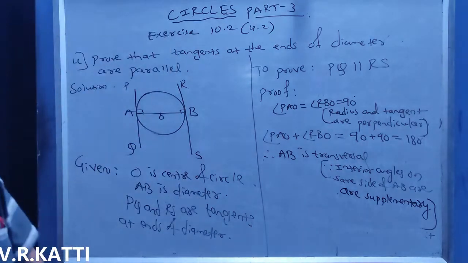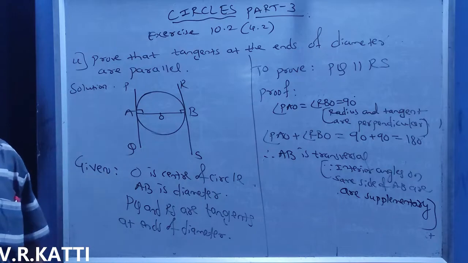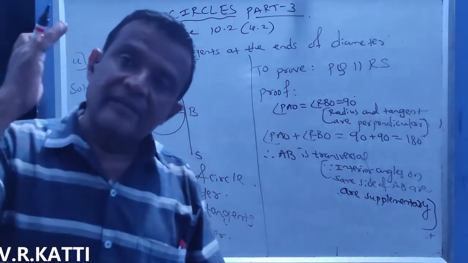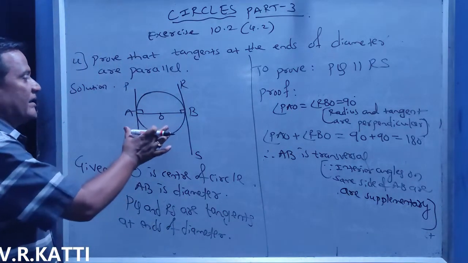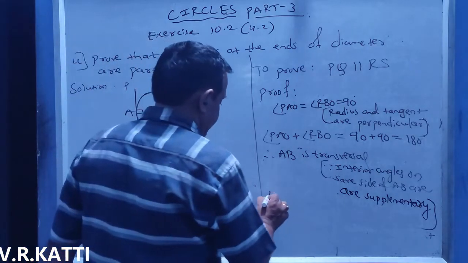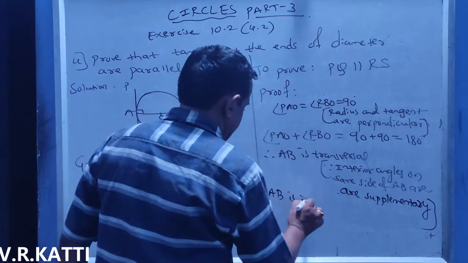If AB is a transversal, then it intersects parallel lines. Always remember, a transversal line intersects parallel lines. So here AB is intersecting PQ and RS.